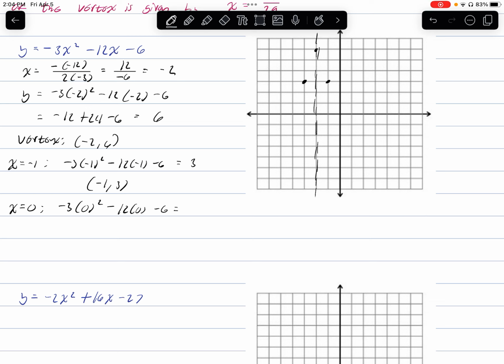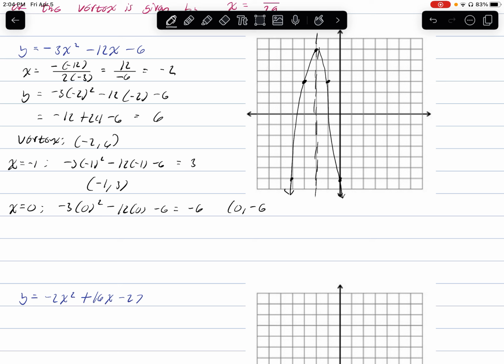Well, 0 squared is just 0, and anything times 0 is 0. So this is just going to give us negative 6. So we have the point 0, negative 6. It's going to go here, and we know we're also going to get this point as well for free just by the symmetry. So our basic shape of our graph is going to look a little bit something like this.